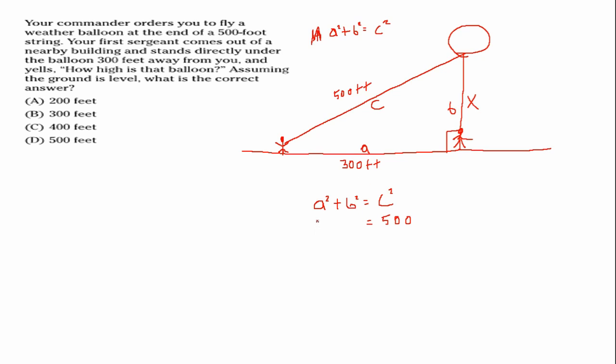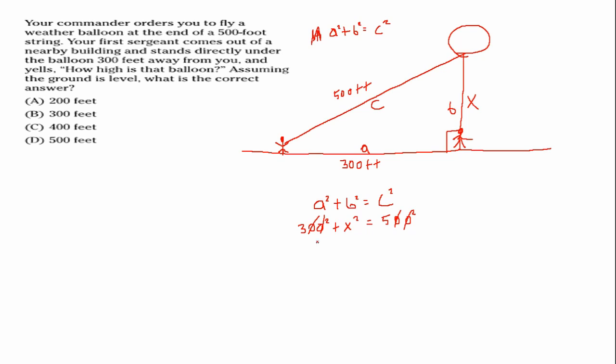We know a is going to be 300 squared plus b, which we're going to represent as x squared. Rather than doing this difficult math, I'm going to simplify things. I'm going to kick off these two zeros and these two zeros. It's going to preserve the same proportionality, but it's going to make the math much simpler.